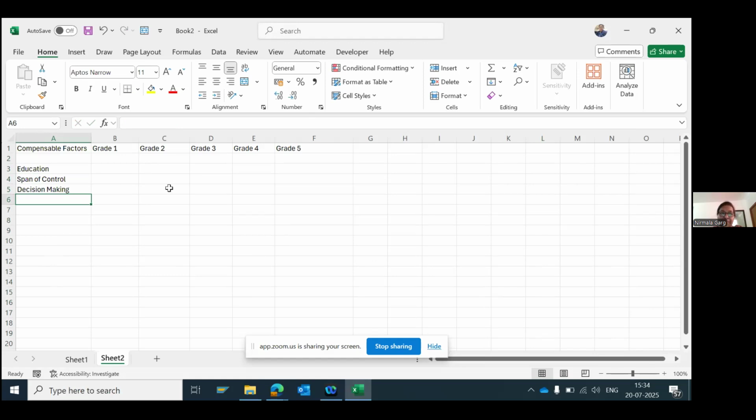So here, to keep it simple, you can mention education, experience, span of control, decision making, and leadership.